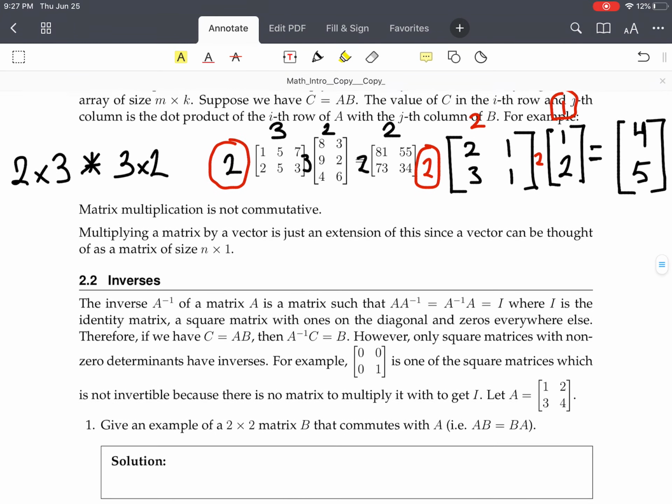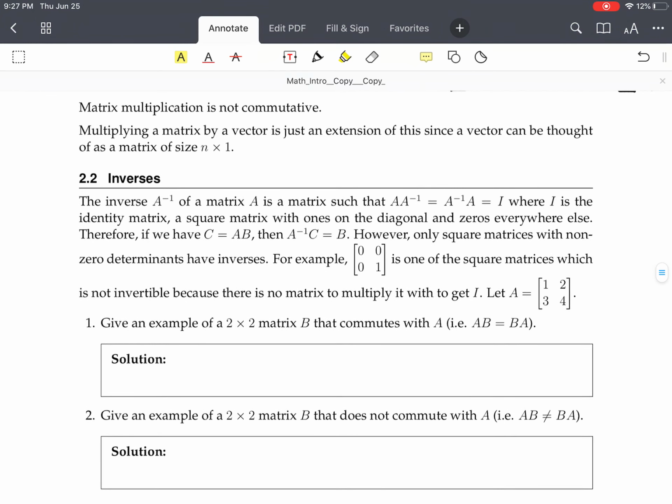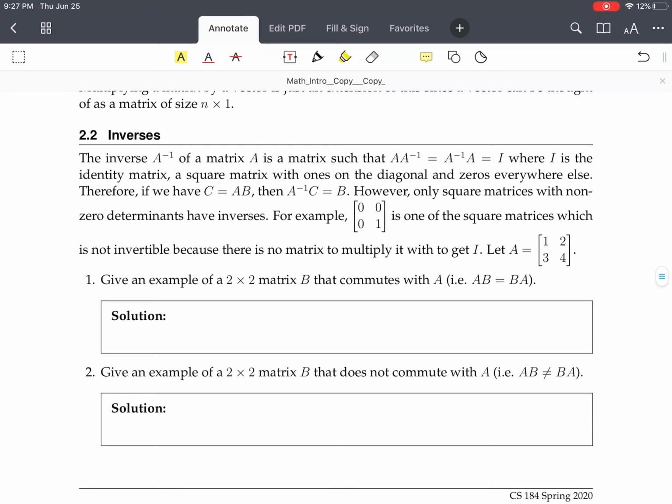Okay, let's keep going. So another key property is inverses. So the inverse of a matrix is generally written like this with a -1. And it's a matrix such that A times its inverse is equal to its inverse times A. So in this case, it's commutative. And the multiplication is always equal to I, where I is the identity matrix.